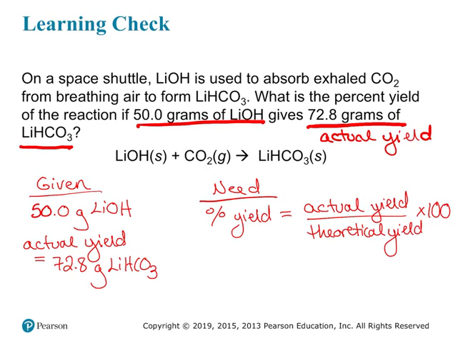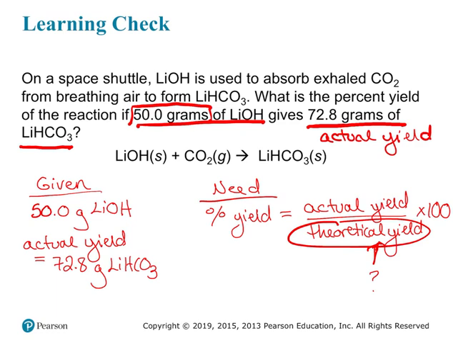So we were told the actual yield, but we don't know what the theoretical yield is. So that's a question mark. In this problem, what we're really trying to figure out is the theoretical yield, because then we can calculate the percent yield. Okay, so what we need to do is figure out if all 50 grams of our lithium hydroxide reacts, how much product could theoretically form?